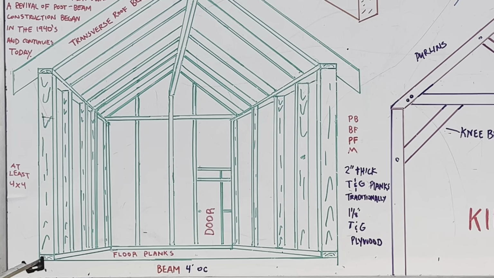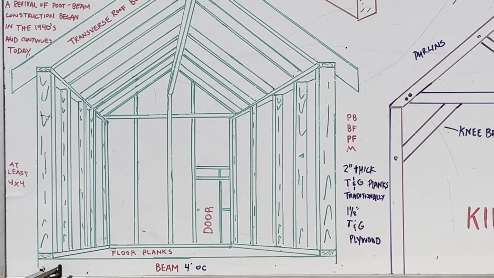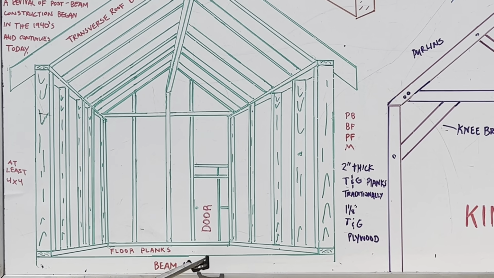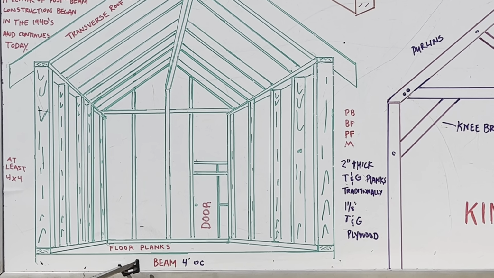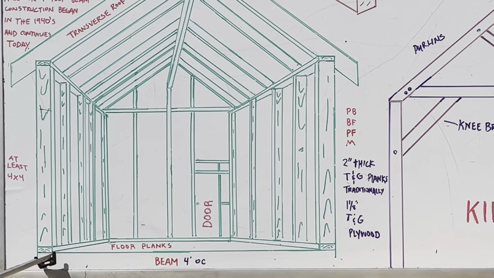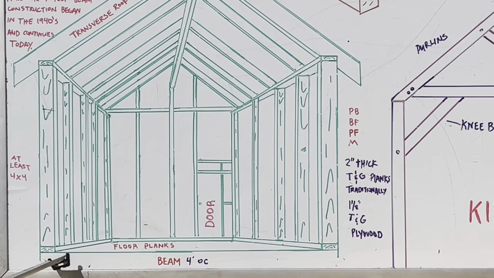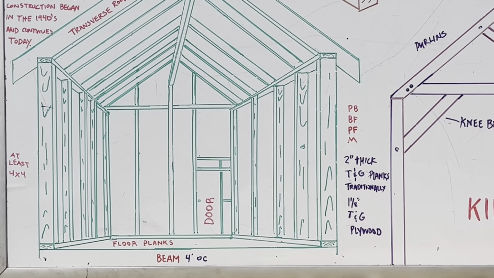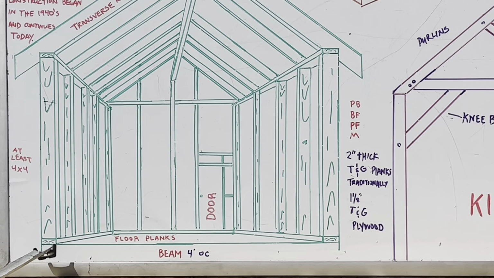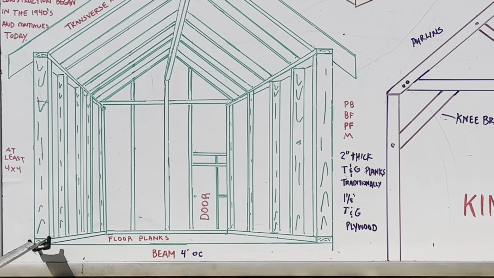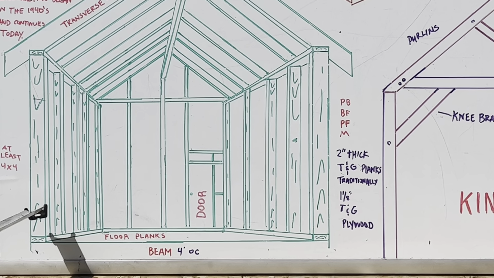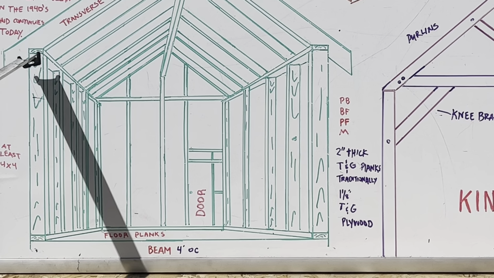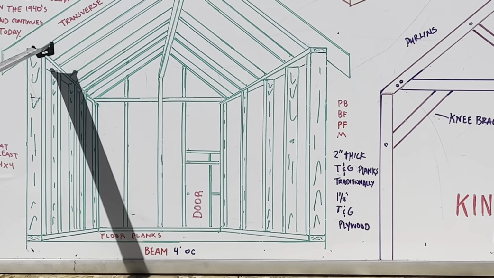Now, this 2x4 is sitting on top of a beam right here. These beams are spaced at 4 feet on center, okay? So you've got the beam which is sitting on your concrete foundation. And on top of the beam, you have your bottom plate. And on top of the bottom plate sits your post. Your posts come up. Now you've got a top plate up here.